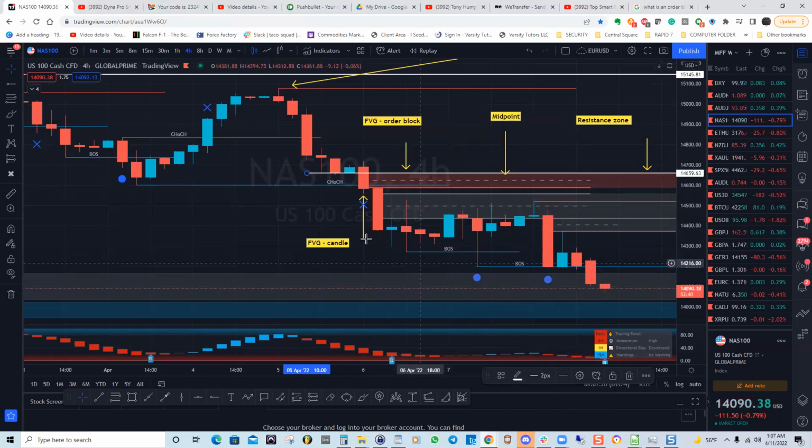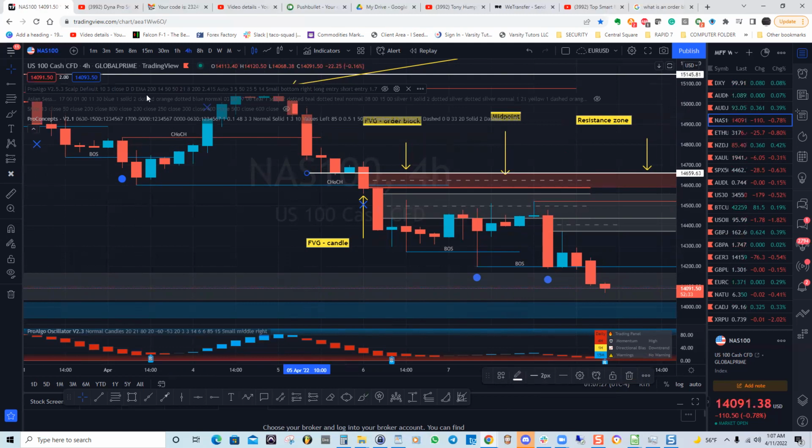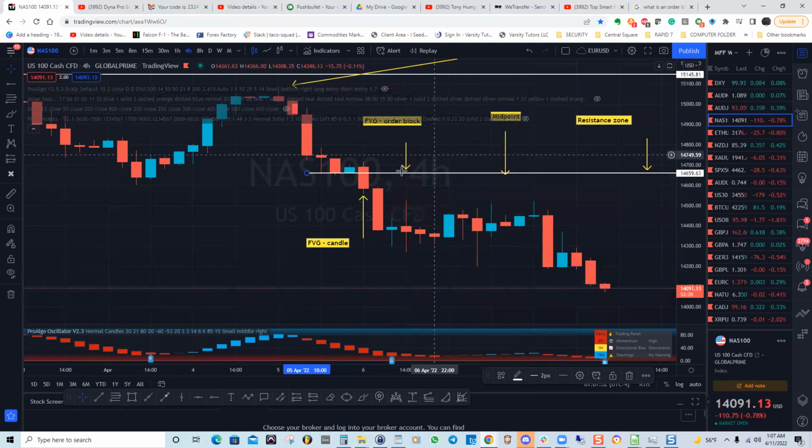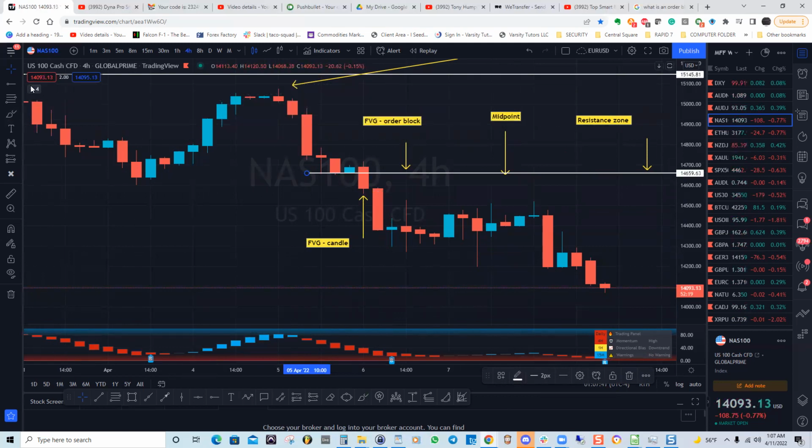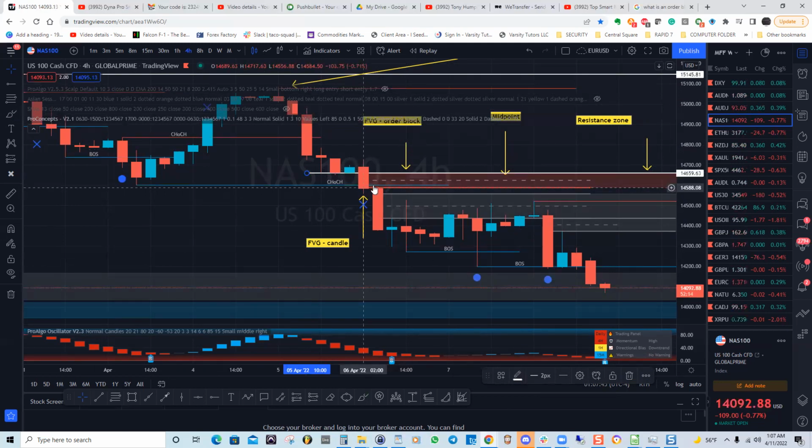This line is going to denote the top of the FVG, okay? I'm going to take the indicator off to show you where that candle wicked up in there. Oh, actually it didn't. The candle touched the bottom of the FVG. See, it touched the bottom of it right here. So this candle rejected, and then it broke away.